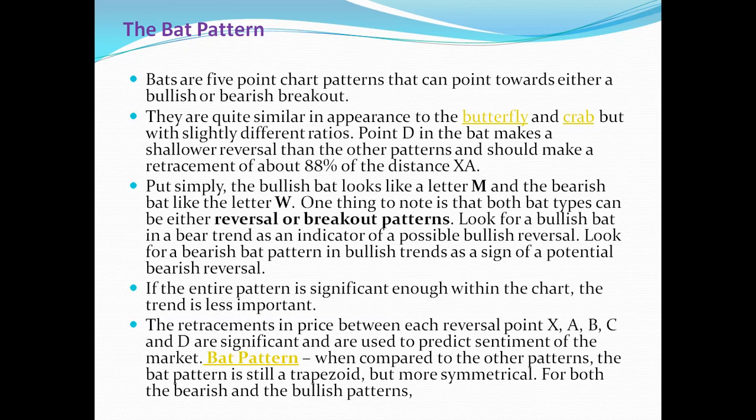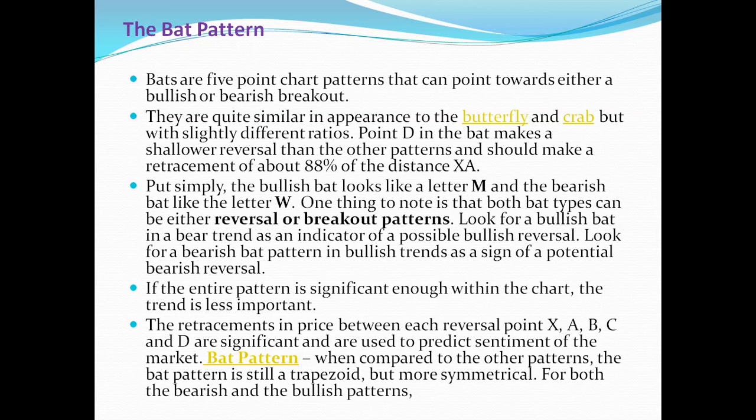You can say it is a double top and double bottom pattern. One thing to note, both types can be a reversal or breakout pattern. Look for a bullish bat in a bear trend as an indicator of a possible bullish reversal.